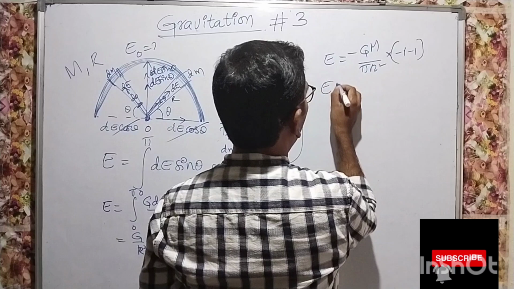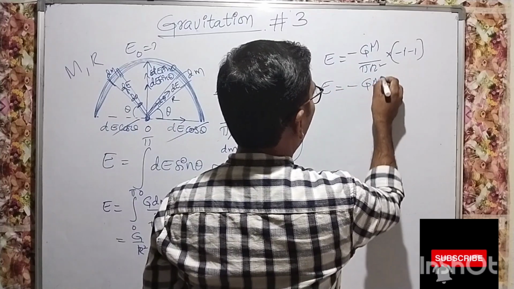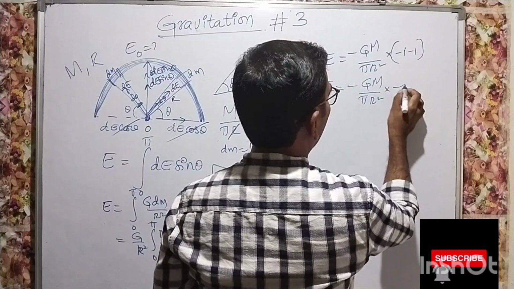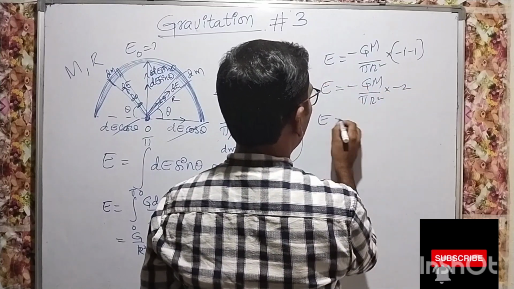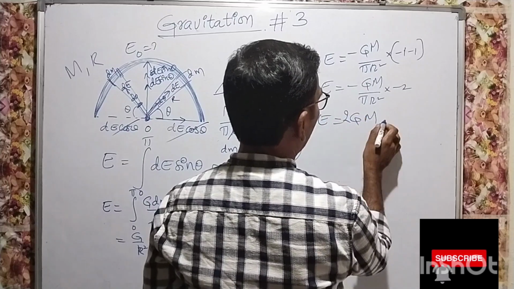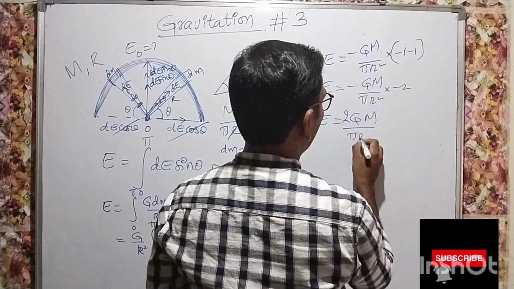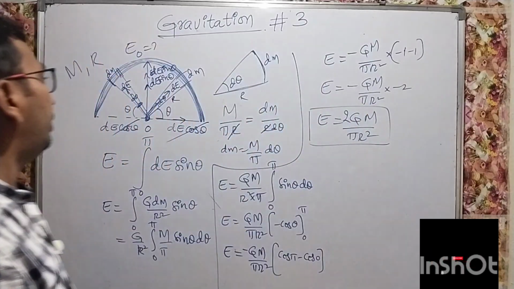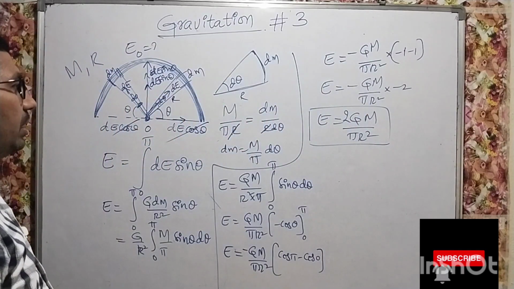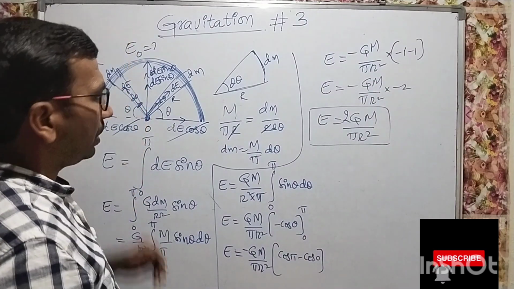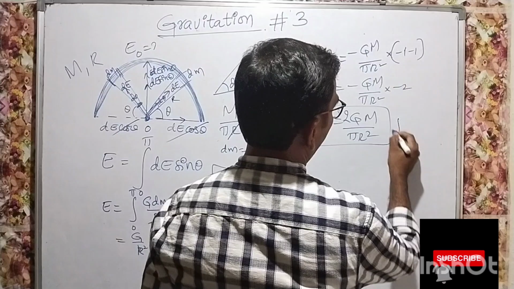So E is equal to minus capital G capital M by pi r square into minus 2, minus times minus is plus, so E is equal to 2 capital G capital M by pi r square. So this is the net gravitational field of a ring of mass M and radius r. And see, this is along the y-axis, so you can consider this as j cap.